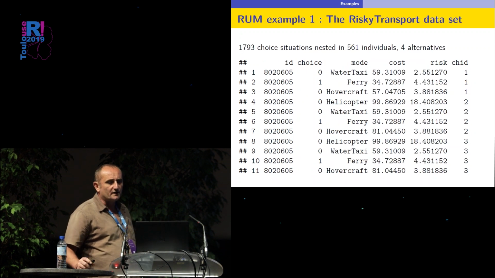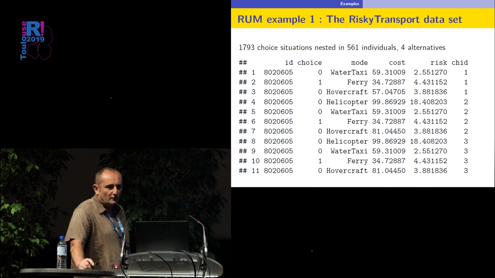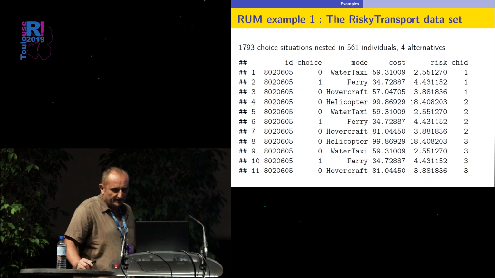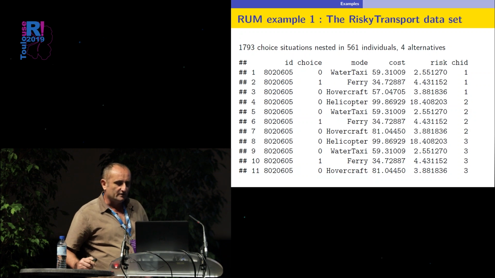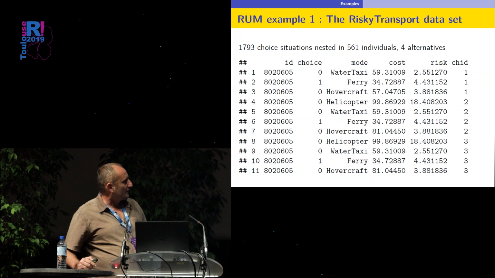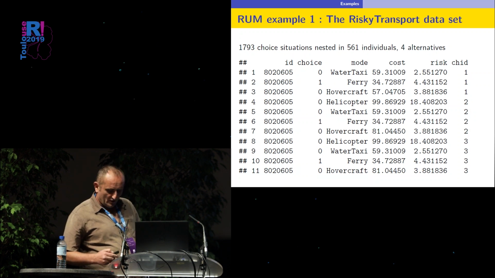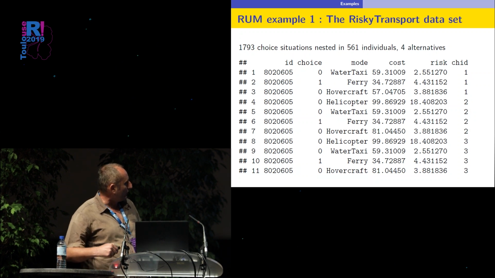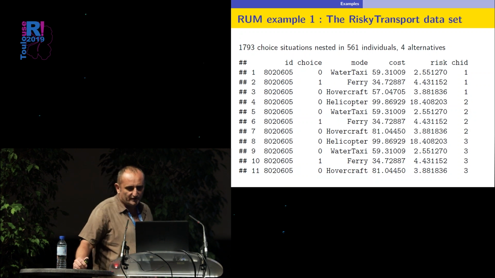The next two examples are discrete choice model examples. The first one here is the RoskyTransport dataset, which deals with the choice of mode to go from Freetown Airport, Sierra Leone, to downtown, using one of the four available modes here.